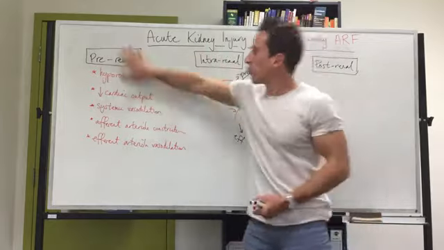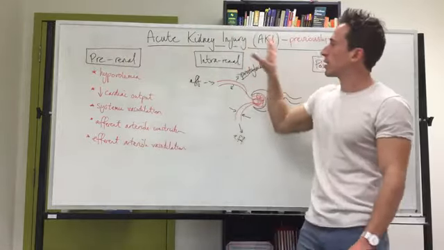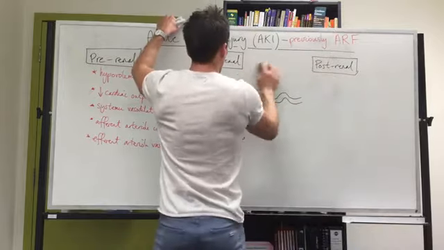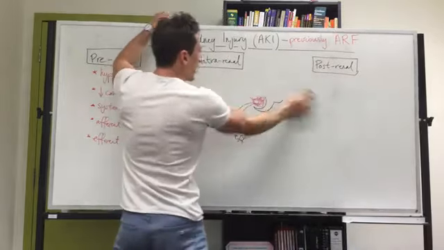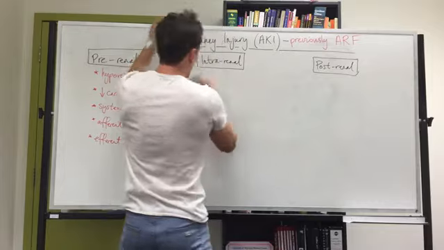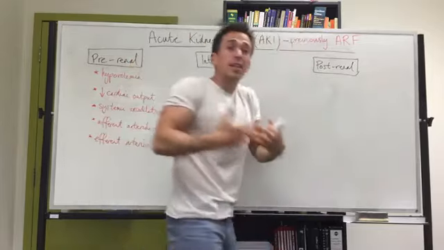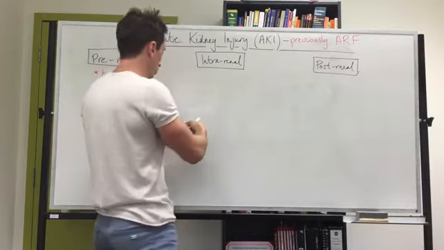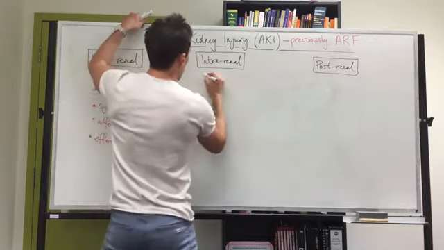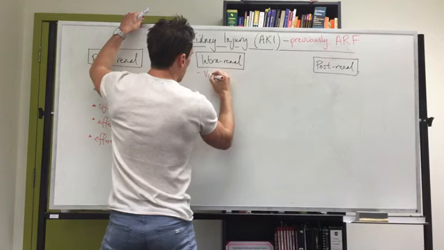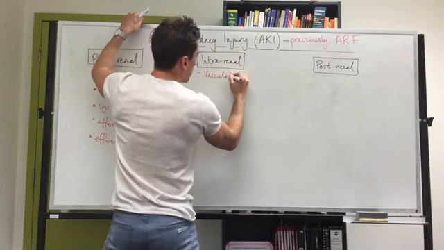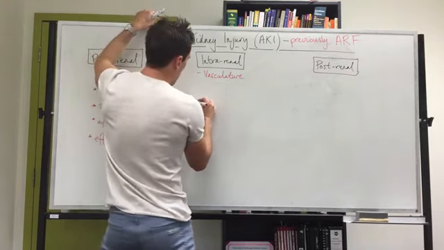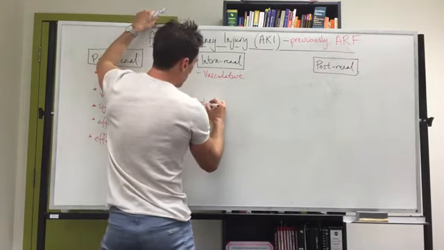Okay, let's move on from pre-renal and let's go on and talk about intra-renal causes. All right, so intrarenal is telling you it's happening to the kidney itself, so the tissue of the kidney, which means it can happen to the vasculature of the kidney, it can happen to the glomerulus.